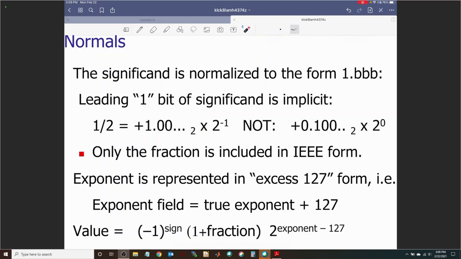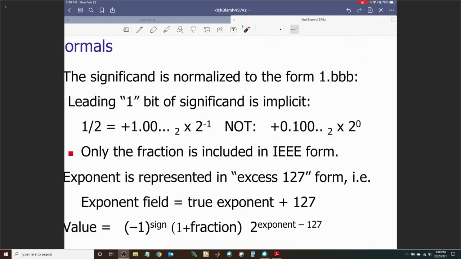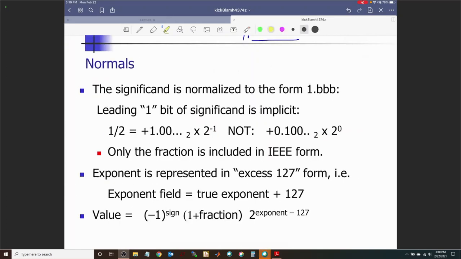So that means it is really 0.1 in base 2 times 2 raised to 0, which is 0.5. So what are we going to do? Are we going to represent half or 0.5 using this or this? The answer is, let us do this so that it is in the normalized fashion. 1 dot followed by a bunch of fraction bits.